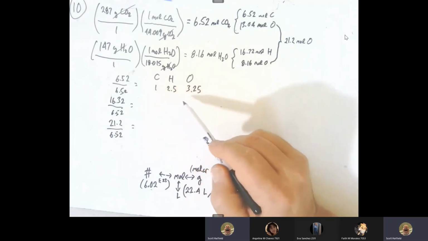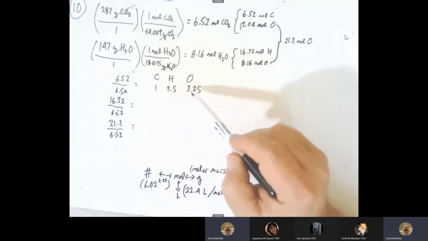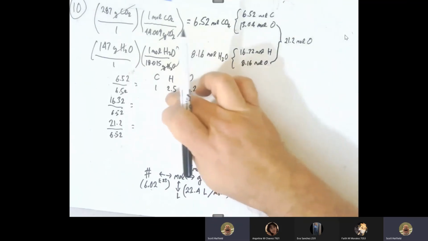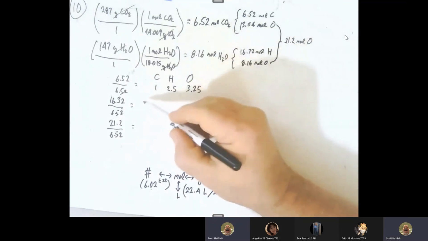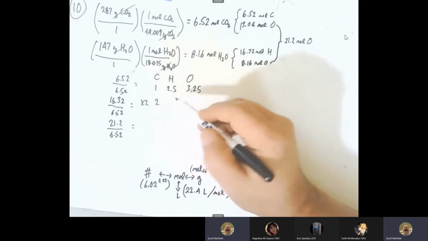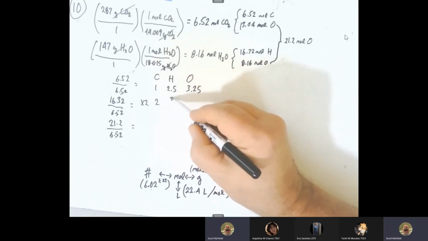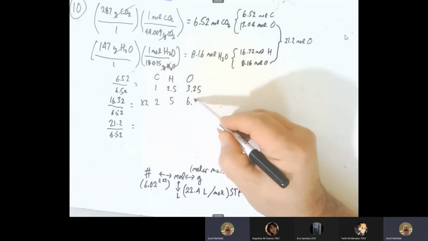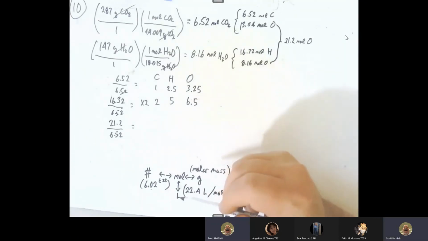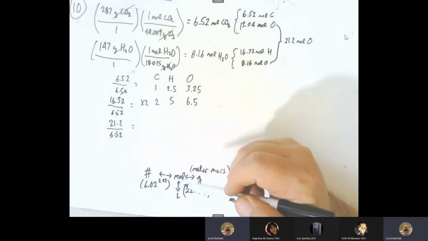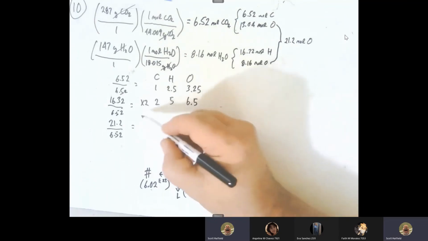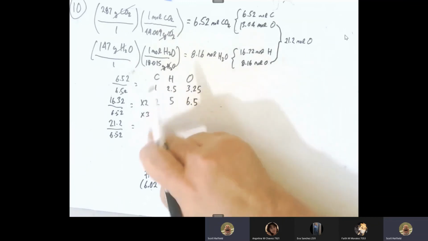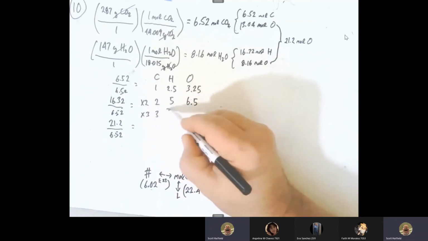So those are the ratios, but I need to get them into whole number ratios. You might think, okay, well, 2.5 times 2. If I multiply everything times 2, then carbon becomes 2, and the hydrogen 2.5 becomes 5. That's a whole number, but the oxygen is still a decimal, so 2 is not going to do it. I go times 3. Well, that's actually worse.